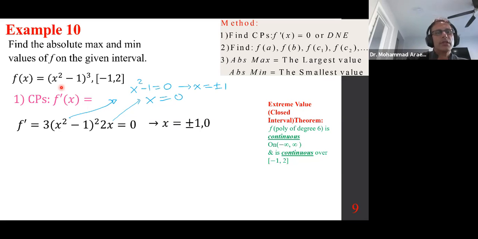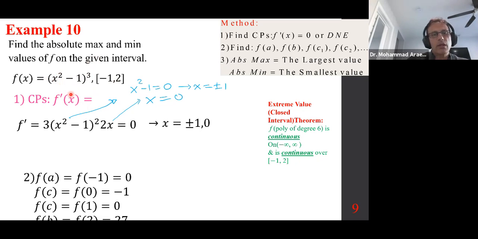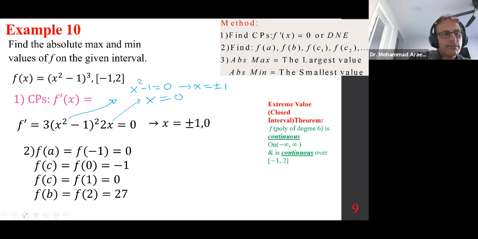For example, if we plug in 0, we get negative 1 cubed, which is negative 1. If we plug in 1, 1 minus 1 gives you 0 cubed is 0. If we plug in negative 1, negative 1 squared minus 1 is 0. If we plug in negative 2, cubed is negative 8. And if we plug in 2, 2 squared is 4, minus 1, 3 cubed is 27.